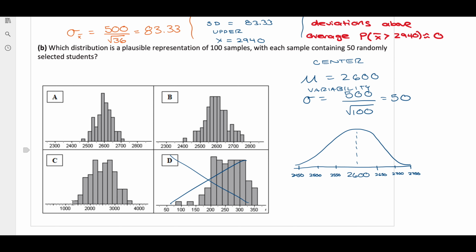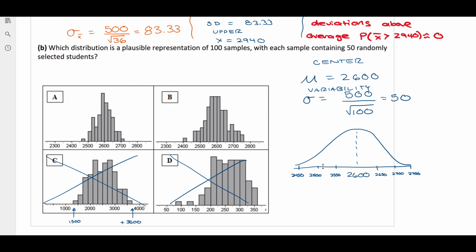This graph here has the average loan amount going up to over 3,500. And so C is just way too spread out. C cannot be the right one since I'm looking for a graph that has loan amounts between 2,450 and 2,750. So it's between these two graphs right here.